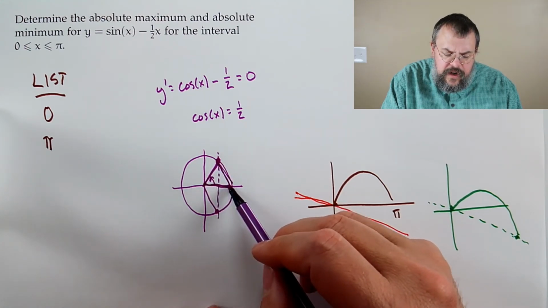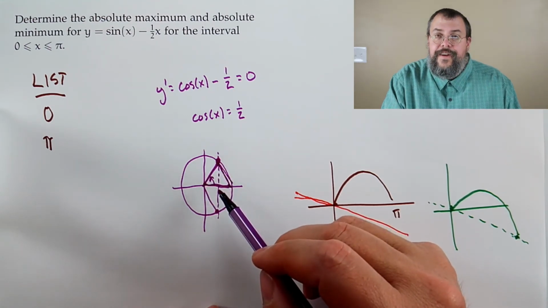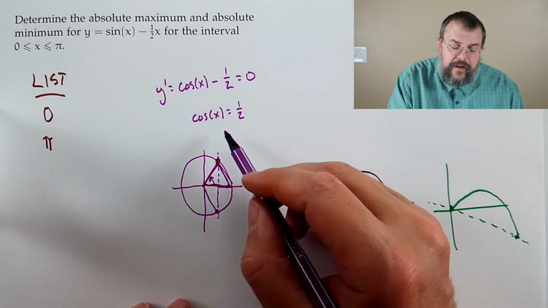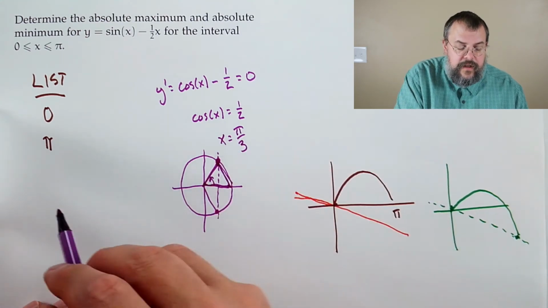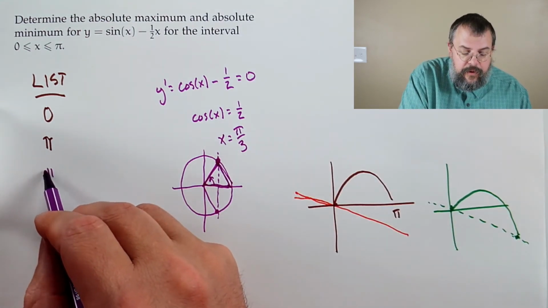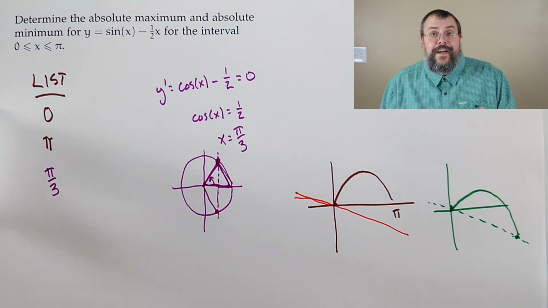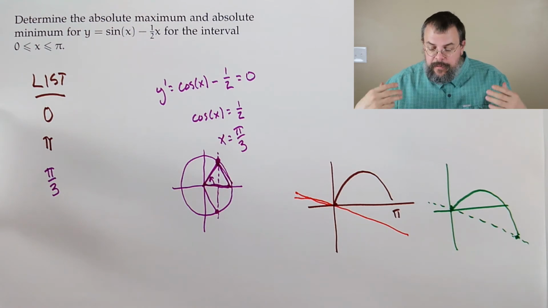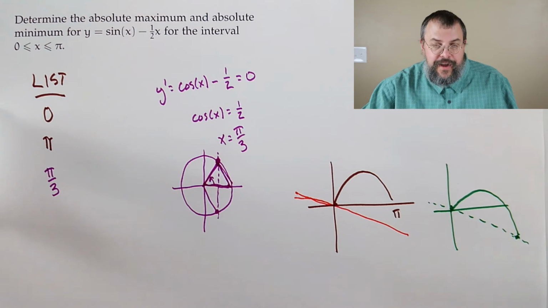So you have a nice little triangle, and you see, oh, that's like a 60-60-60 triangle, right? Equilateral, and it is. And this angle is at x equals pi thirds. So that's our last point on our list. Now our list has 3 candidate points. We've made our list, and we ask, okay, did we remember to check everything? Yep, we got our boundary, took our derivative. All right, we're good to go.